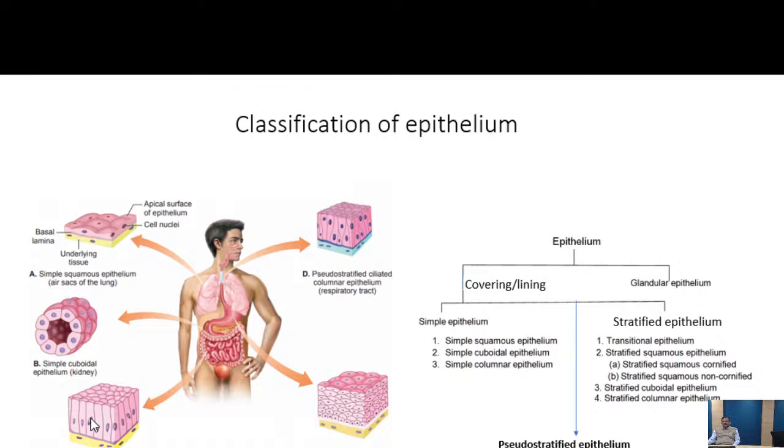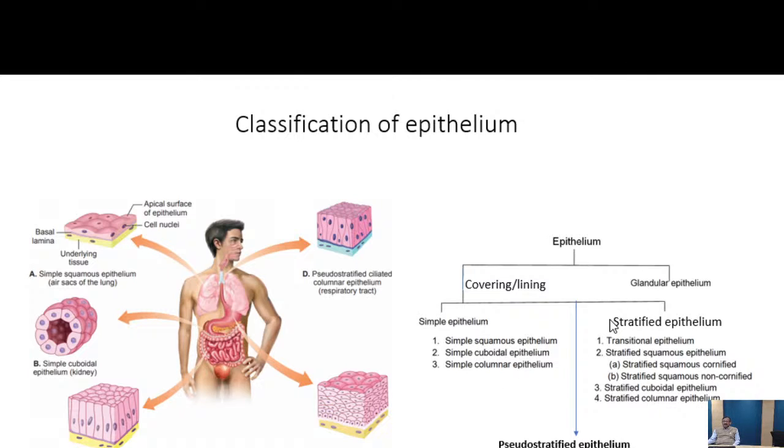It is present in the lining of the intestines. It is also present as a lining epithelium of the uterus and fallopian tube. So with each of these classifications, you need to know 3 to 4 regions where this type of epithelium is present.